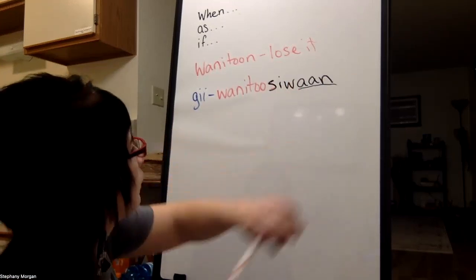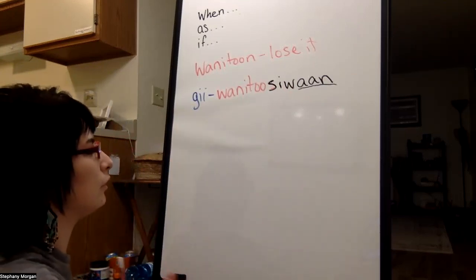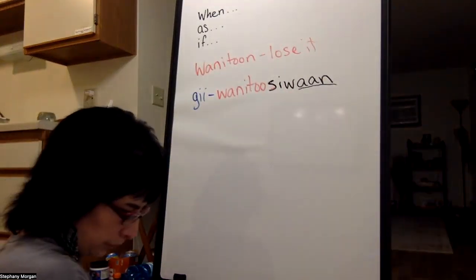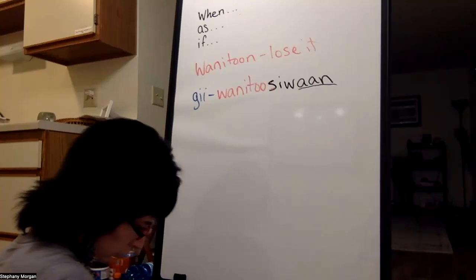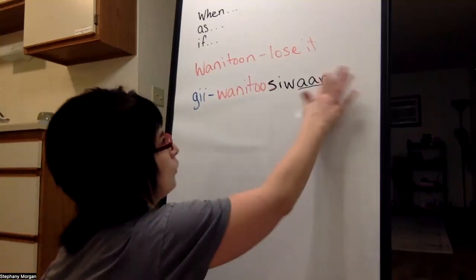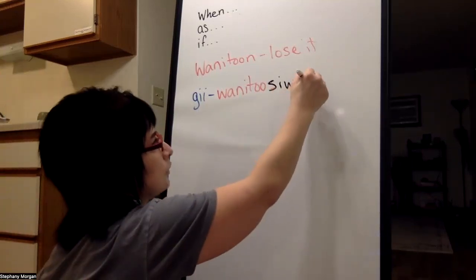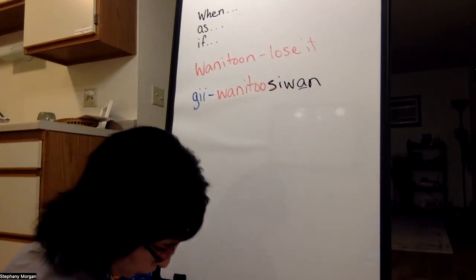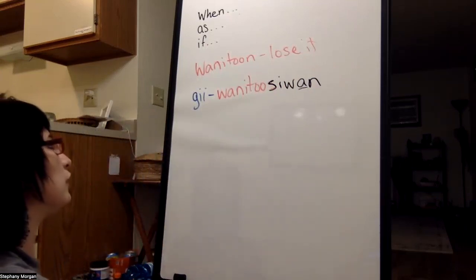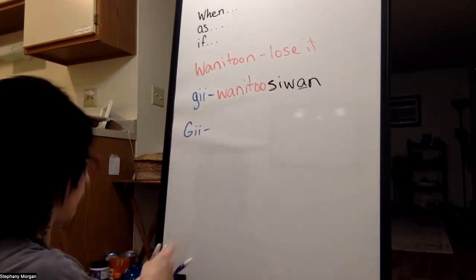Gi wanted to suan when I did not lose it. Gi min wingdan, or Gi min wingdom, I was happy. When you did not lose it, that would be Gi wanted to see one, only one A, shorter. He wanted to see one. When he did not lose it, we start with Gi as well.